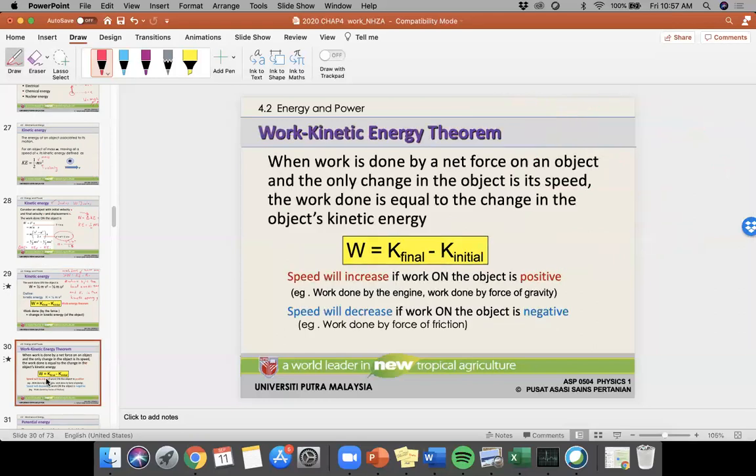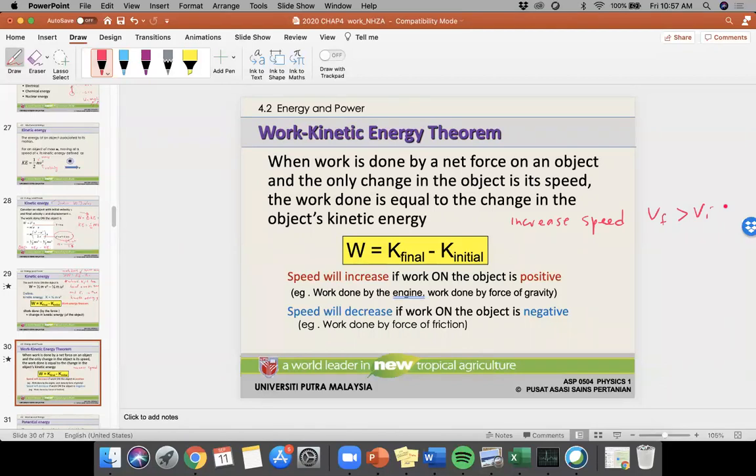Okay, speed will increase if work on the object is positive and speed will decrease if work on the object is negative. Why is that? Let's visualize first. Increase in speed means my V final is greater than V initial, because as I'm going, my car gets faster.